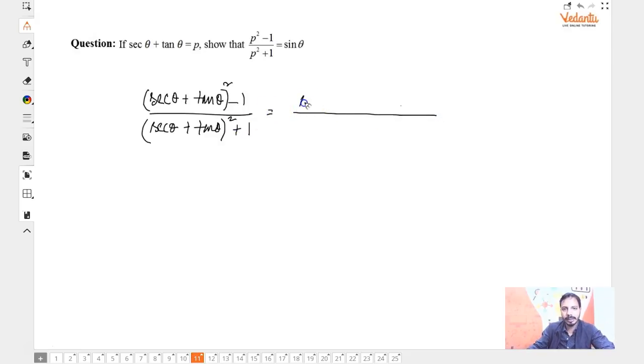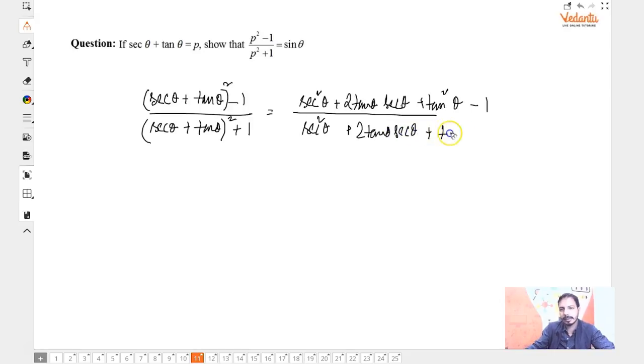So if I break this, I will get sec square theta plus 2 tan theta sec theta plus tan square theta minus 1, and same thing in the denominator, sec square theta plus 2 tan theta sec theta plus tan square theta plus 1. Right, now what is the relationship that we know? Again we know that sec square theta is 1 plus tan square theta.